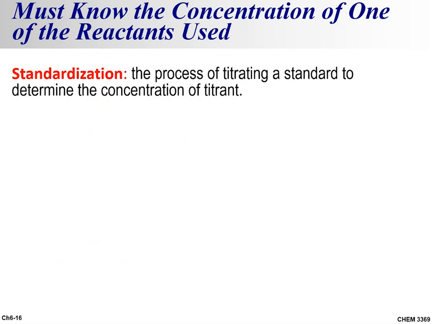Now, if primary standard is not available, we have to go through the process of titrating a standard to determine the concentration of the titrant. So if the titrant that you need to use in a titration cannot be prepared from a primary standard, you need to standardize this titrant by titrating it with a standard, with another primary standard.